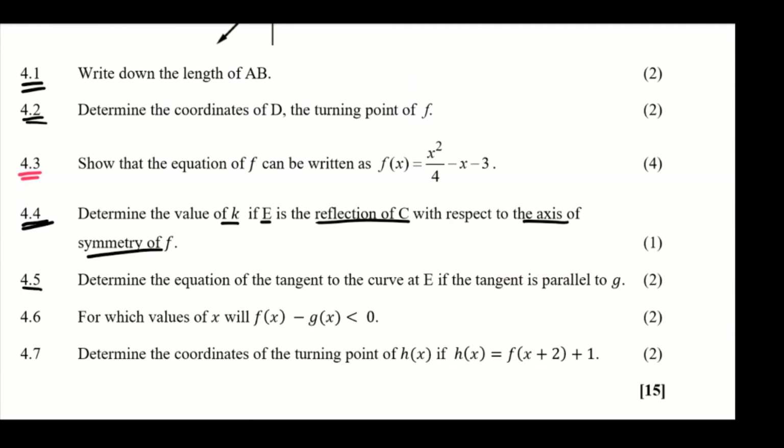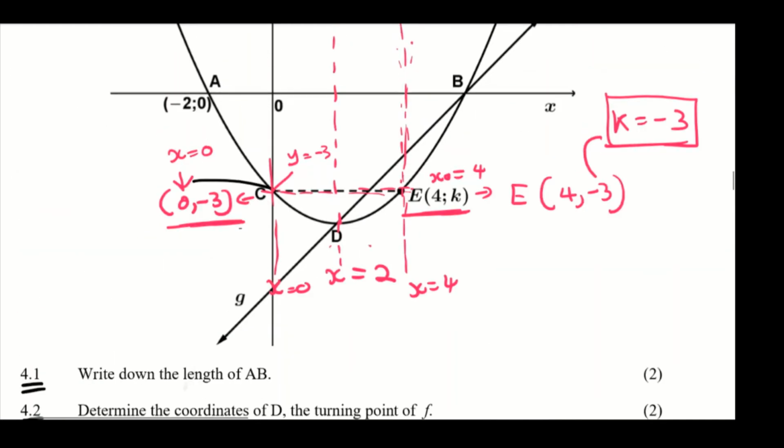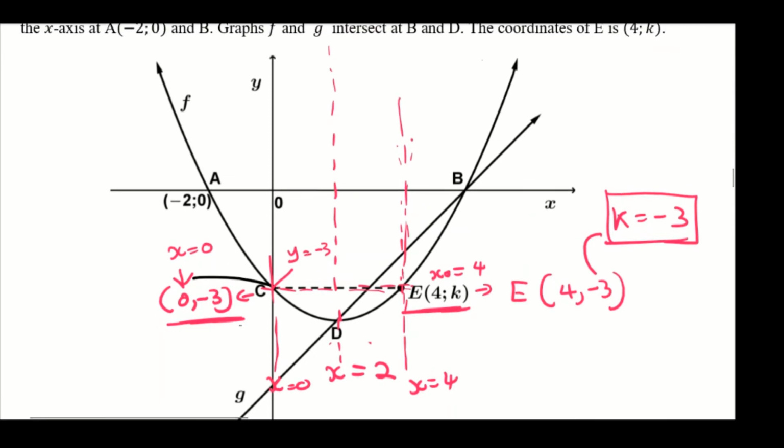Now, doing 4.5 says that determine the equation of the tangent to the curve at E if the tangent is parallel to g. So we're going to this diagram here. So let me first erase everything here.